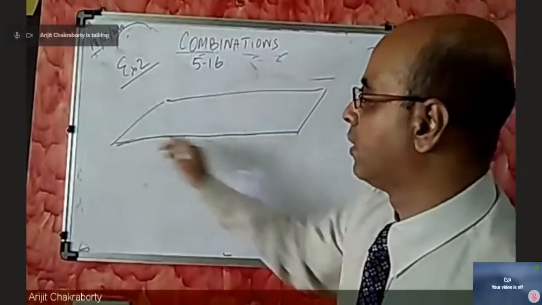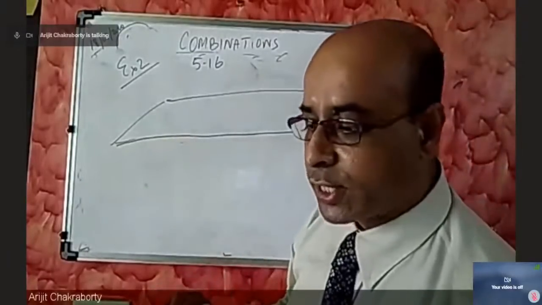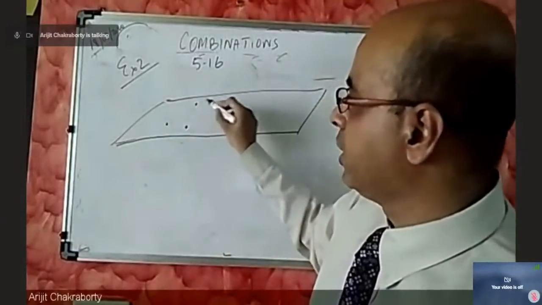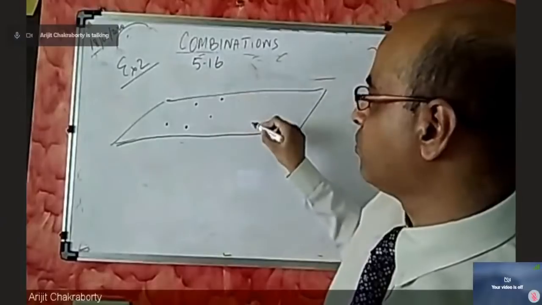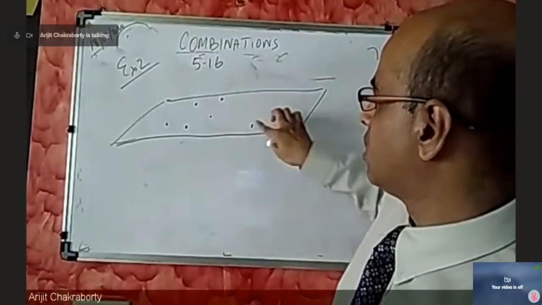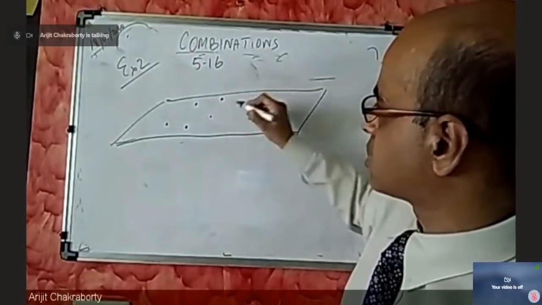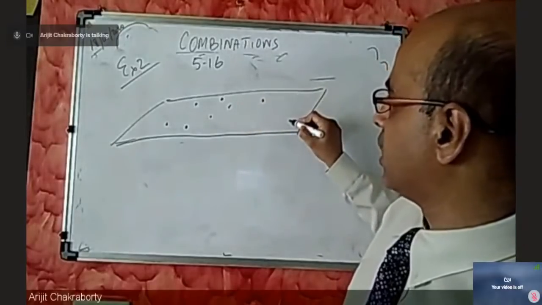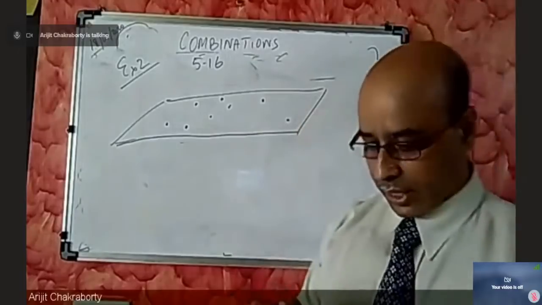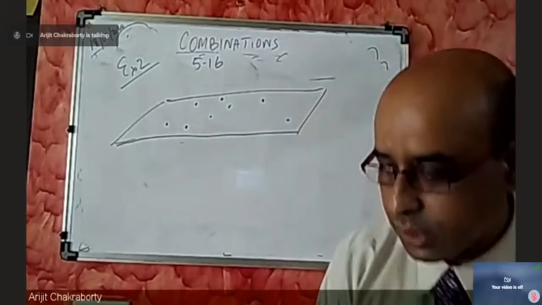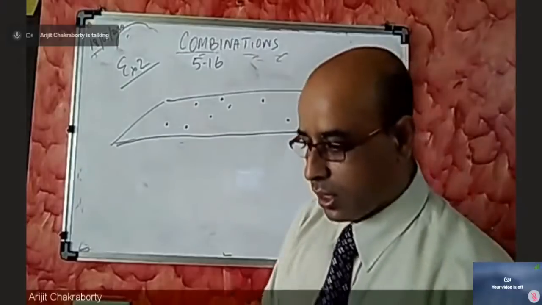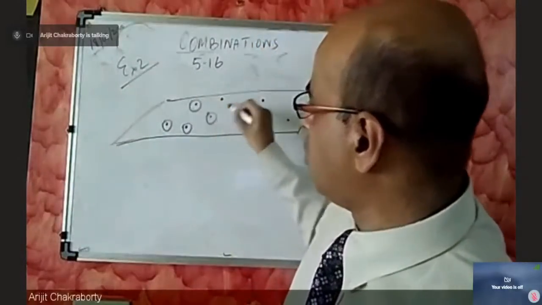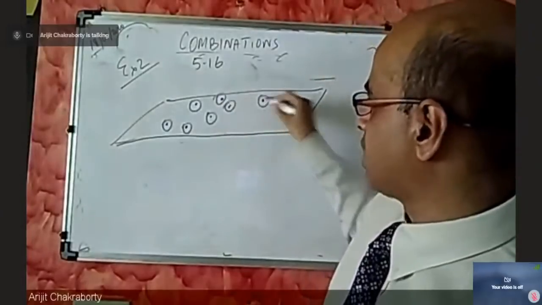And there are how many points? 8 points are there in the plane. 1, 2, 3, 4, 5, 6, 7 and 8. So I'll circle the points.